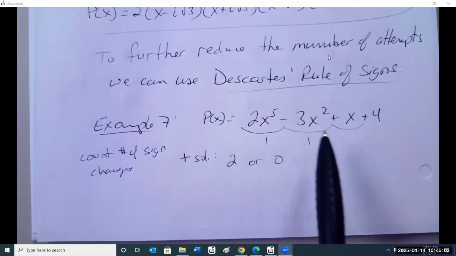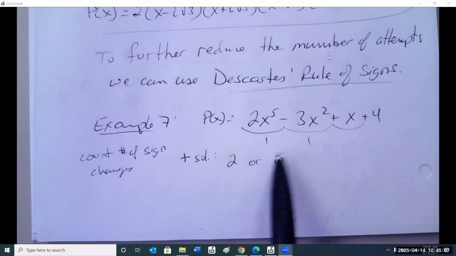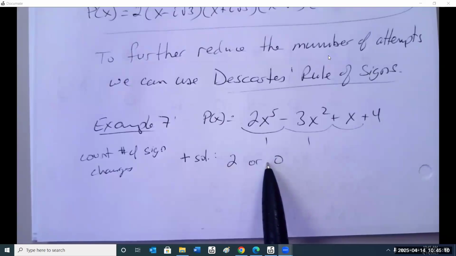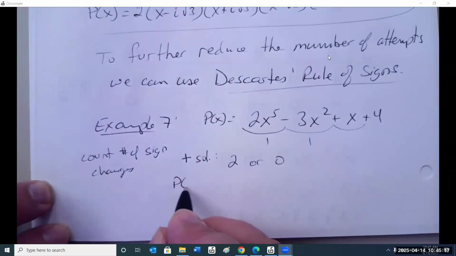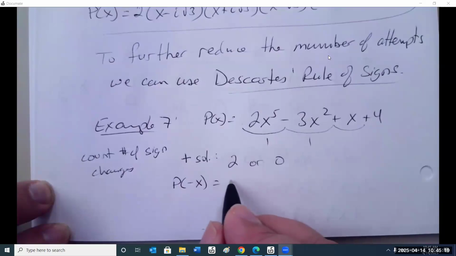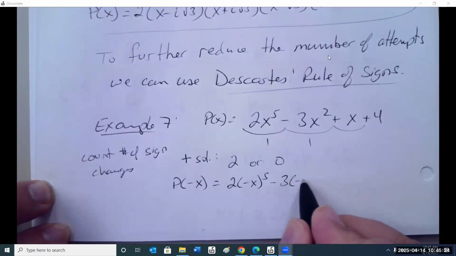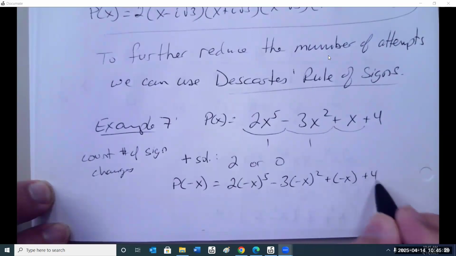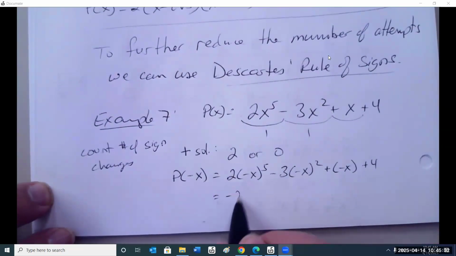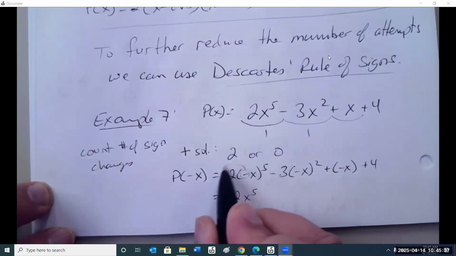The reason being because complex conjugates have to come in pairs. So that's why you subtract whatever you get here by 2 until you can't go any further. So that's the number of positives. For the number of negatives, we change the sign of x to negative. And since that's an odd exponent, the negative will go out in front.